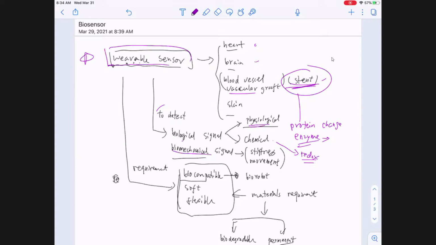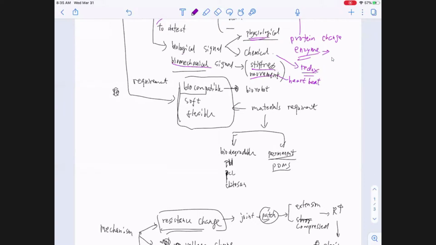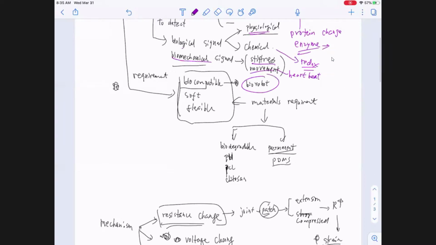And the mechanical signals are like stiffness and movement, for example joint movement or heartbeat. And biocompatible, that we already know, that's the biorobot. So the biorobot definitely has all kinds of sensors inside.